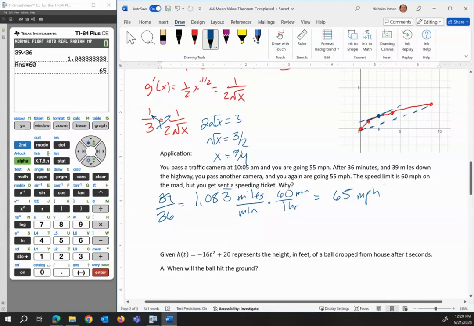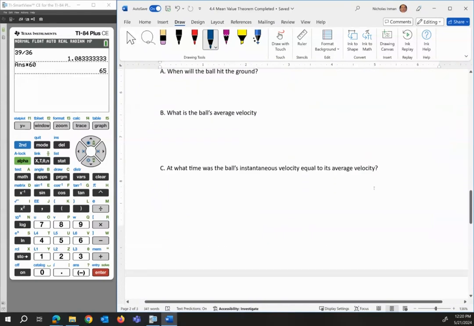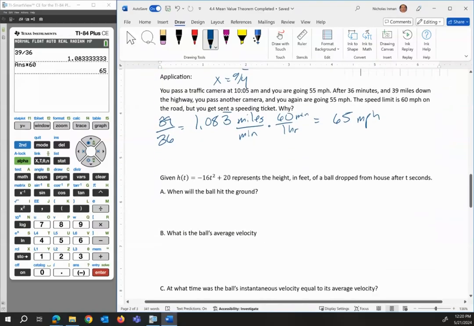Well, if your average is over the speed limit, yeah, you deserve a ticket. You slowed down for the cameras, but your average was 65, which means you probably were going over 65 at some point in time. I can't prove that, but you likely were. I know you averaged 65 for that entire journey. You went above the speed limit, no doubt about it. So that is just one little idea there, something that we can work with.